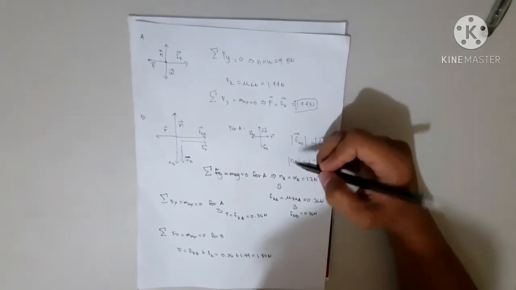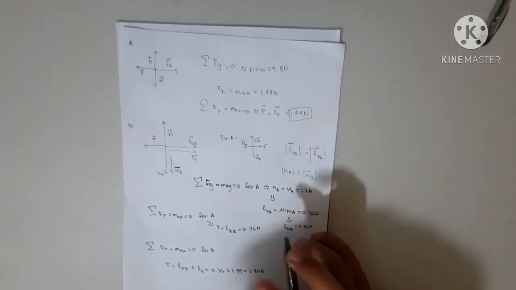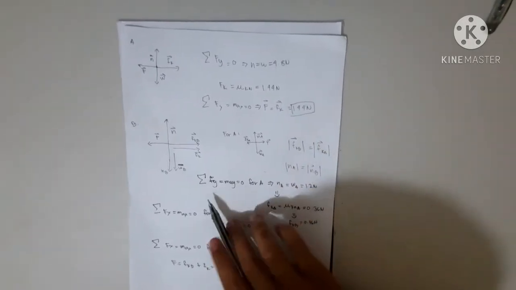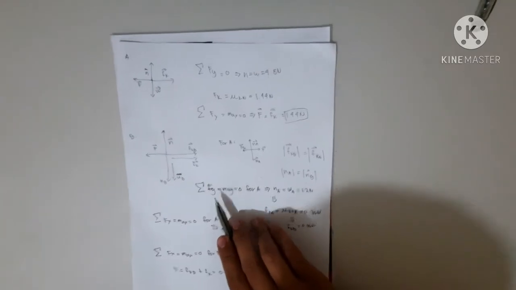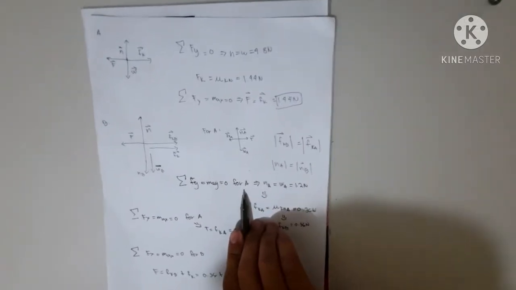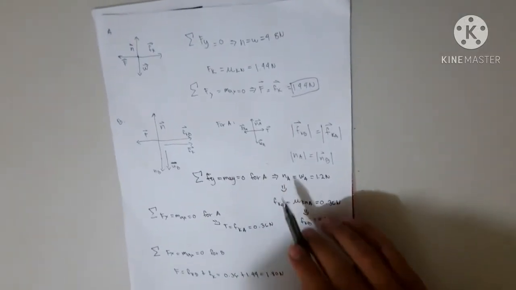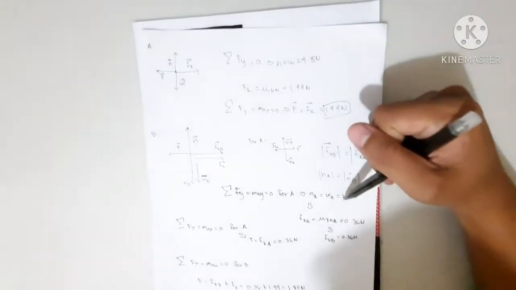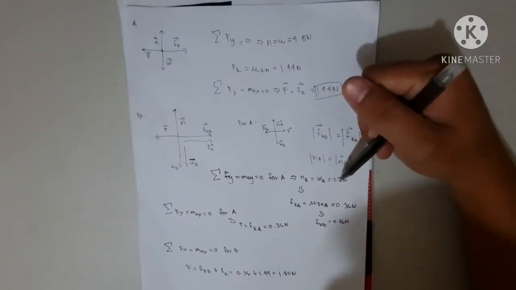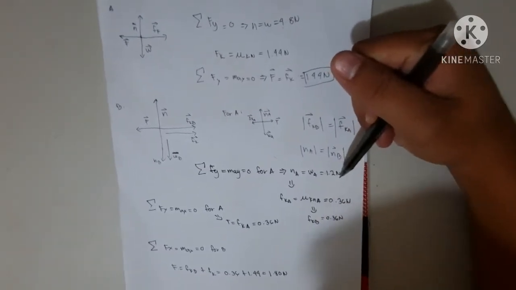Now, we're going to apply Newton's second law in the y direction. We're going to apply it for block A. And that implies that NA is equivalent to the weight of A, which is equal to 1.2 newtons.